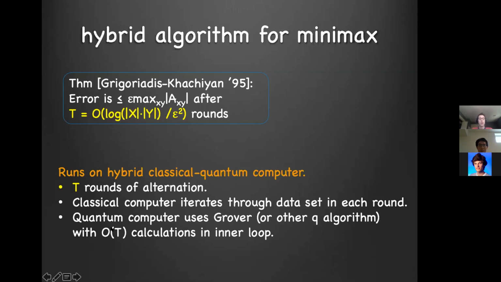The quantum computer, on the other hand, also in each round has to use Grover with order T calculations in the inner loop. So the total runtime is about T squared times the minimum you're prepared to do. The minimum would be going through the whole data set just once and doing an order 1 calculation each time, or doing Grover with an order 1 calculation in the inner loop. This is basically order T squared times that. So this is provable, everything about this runtime is provable, and it's not too much worse than what you would hope for.